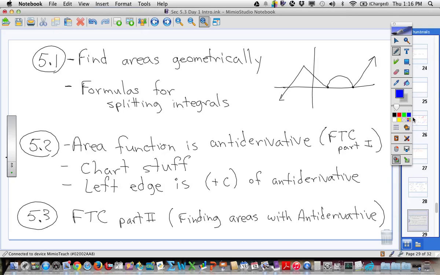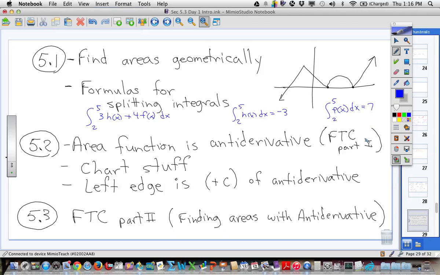Okay, that's also when we learned those formulas for splitting up integrals. But like we said, now that we know this fundamental theorem part 2, we probably don't need that as much, but you still might get a problem like this. You still might get a problem that says, what's the integral from 2 to 5 of 3 h of x plus 4 f of x dx, and in the directions they tell you that the integral of h of x is -3, and from 2 to 5, the f of x is 7 or something like that.